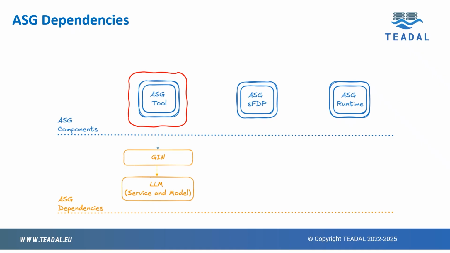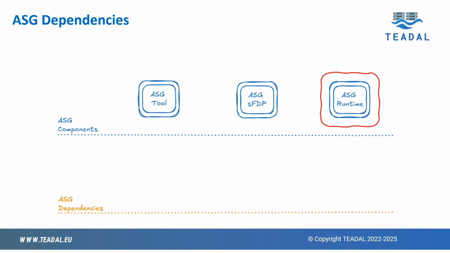To avoid reliance on external services, the TEADAL node was extended to provide a local Ollama service to be used for sFDP generation. The ASG runtime interacts with source FDPs to fetch the data and optionally with caching services, for example, Redis.